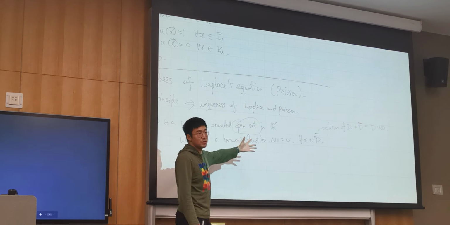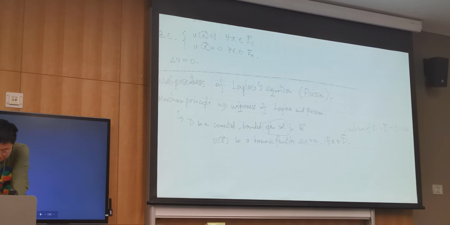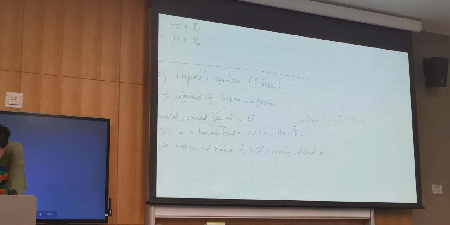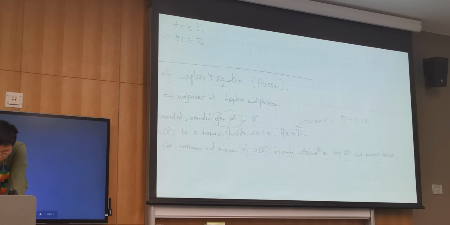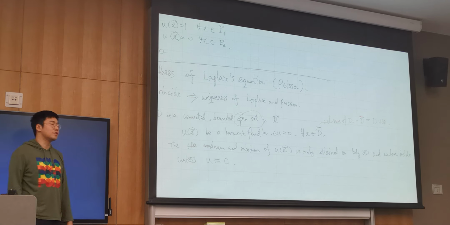It has to be first order differentiable and second order differentiable, all over the closure of D. Then the maximum and minimum of u(x) is only attained on the boundary, the partial D, and nowhere inside, unless u is a constant.